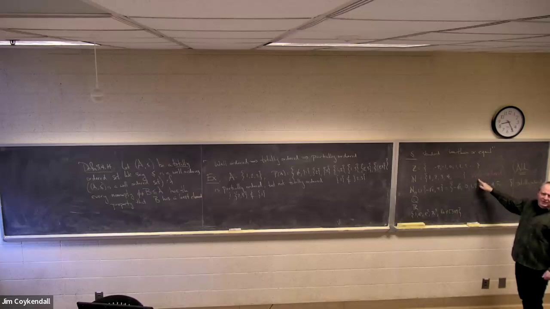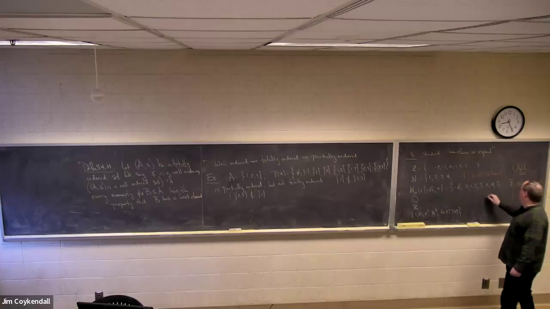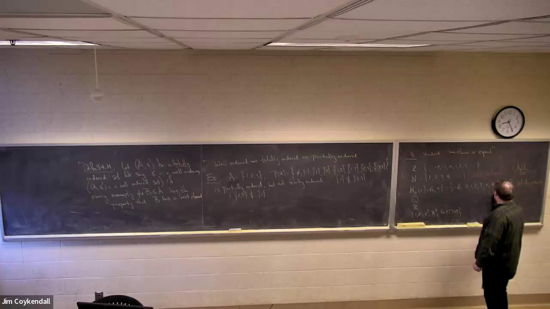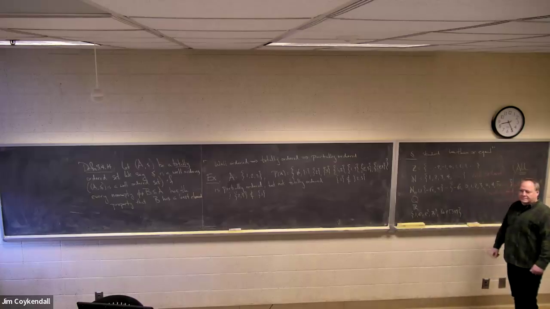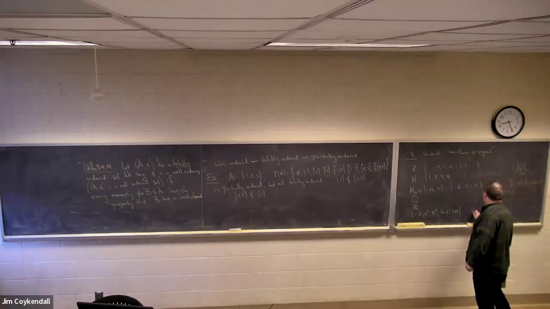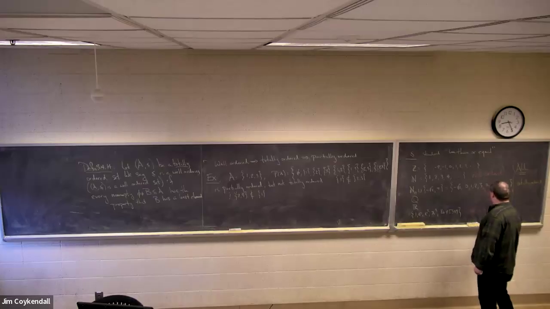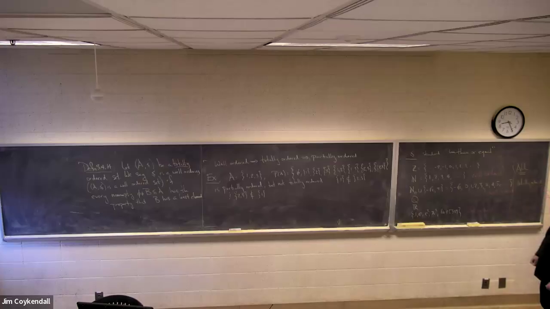One of our basic things, and it's equivalent to induction, is that any non-empty subset of natural numbers has a least element. What about this one? This is also well ordered. And so is this. Any others?